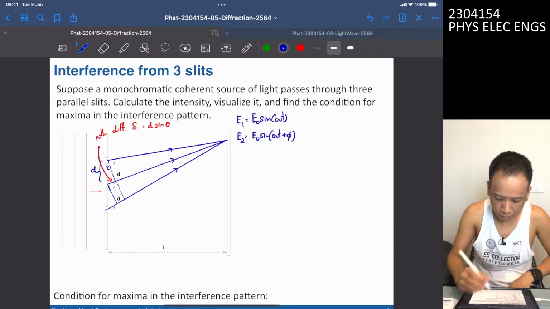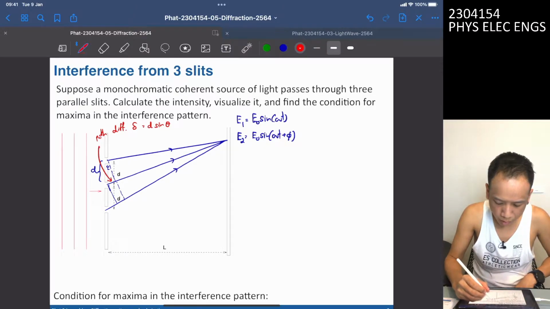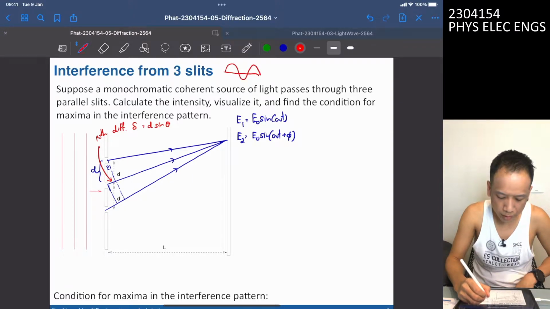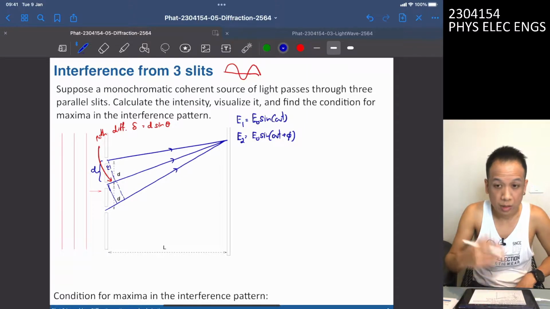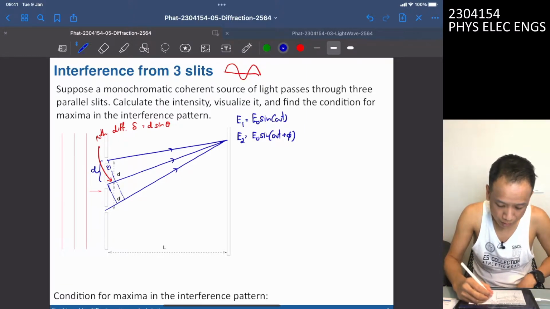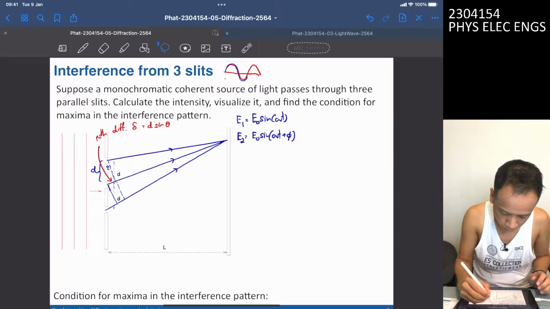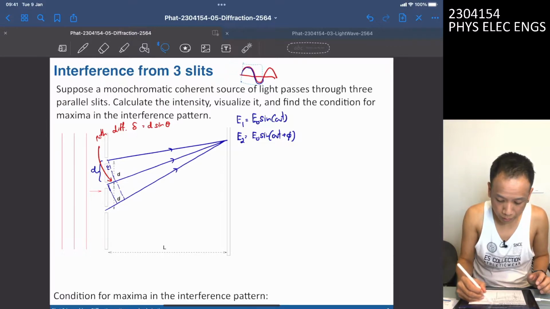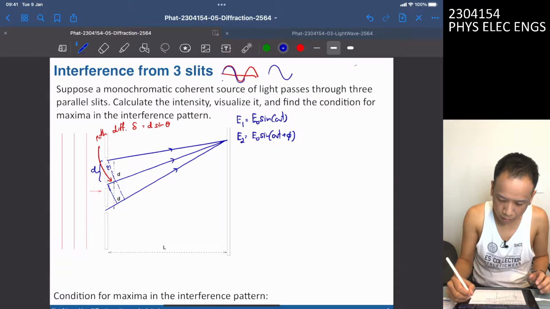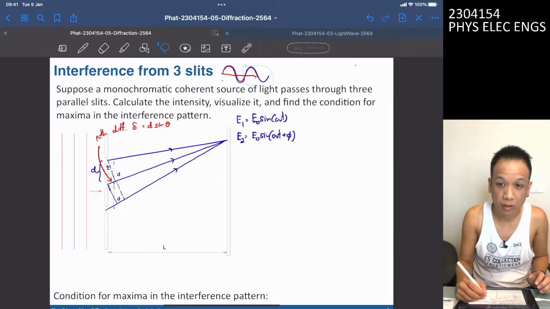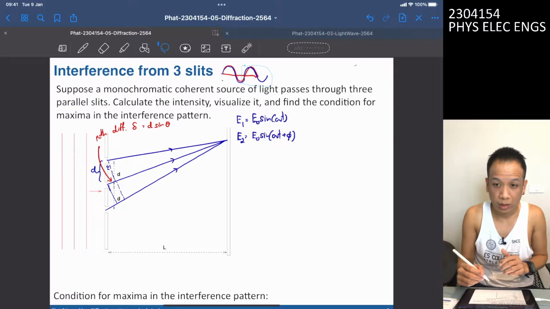So let's talk about phi first. If you have a wave, and another wave is shifted by lambda, it will have exactly the same phase, so it's still constructive interference.